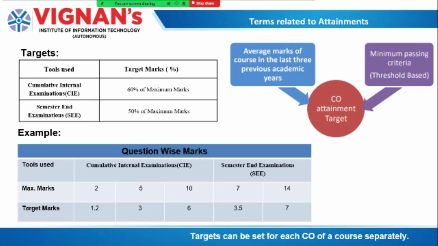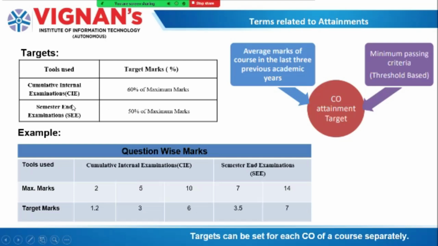For example, in the continuous internal examinations, say the maximum marks are 10. The target marks will be 6, because 60% of 10 is 6.